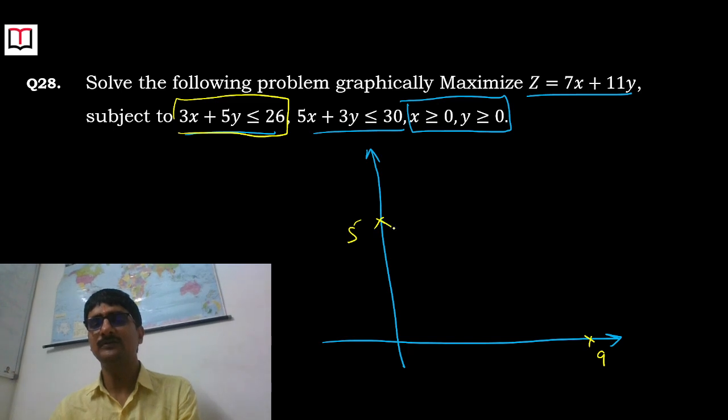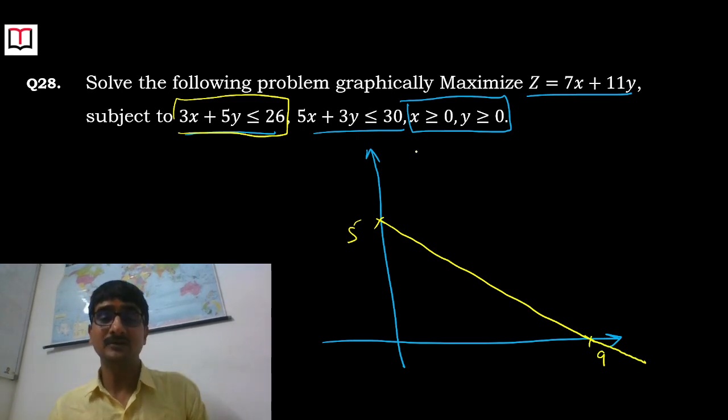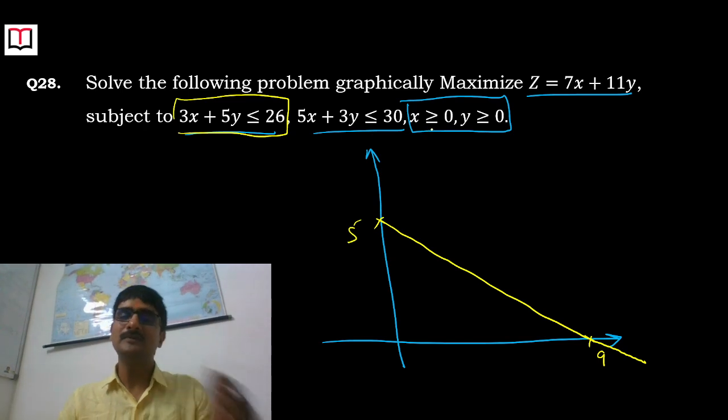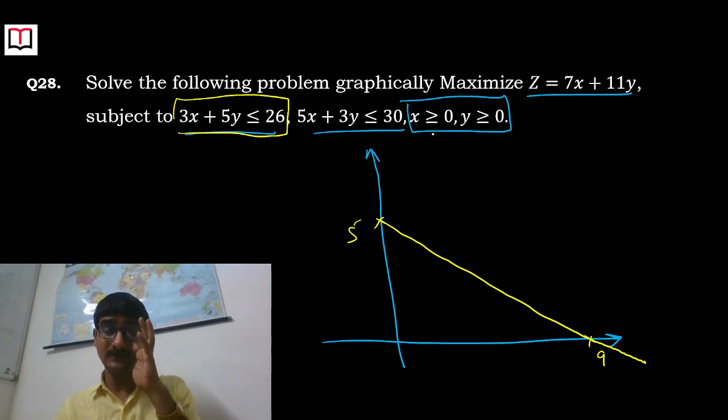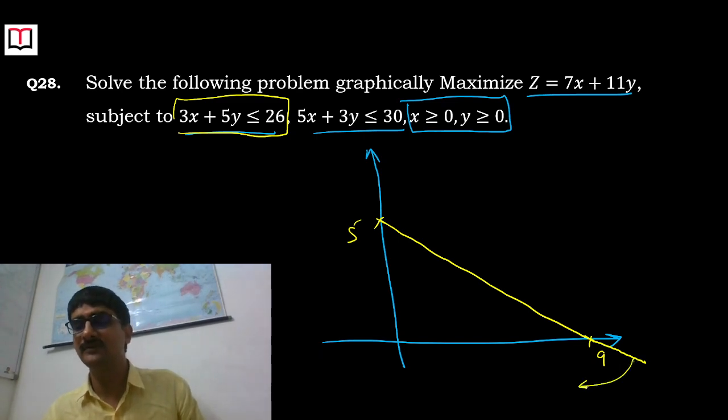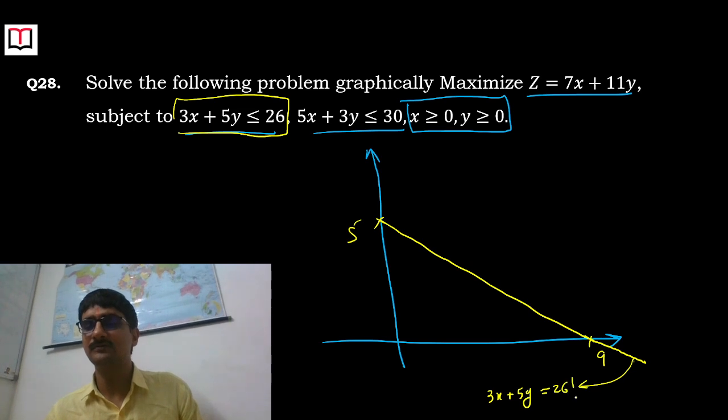Let's say that's the first line. As I told you in my previous questions while discussing the papers, in LPP there will always be a condition such that x and y lie in the first quadrant, x positive, y positive. You don't need to go beyond the first quadrant. But as I always say, whenever you draw a line, always mark which equation it represents. So it's equal to 26.